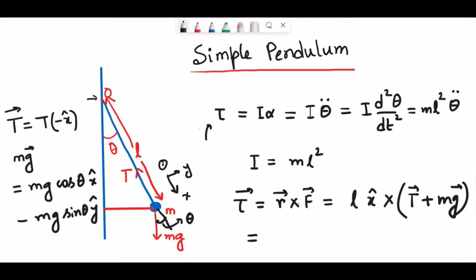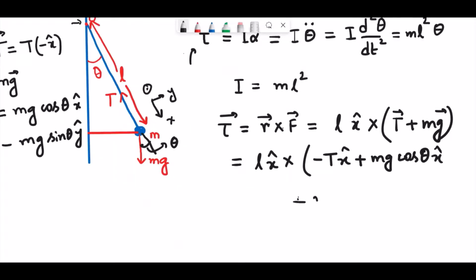And then substituting for those, for T we have minus T x hat. For mg, we have mg cosine theta x hat minus mg sine theta y hat.